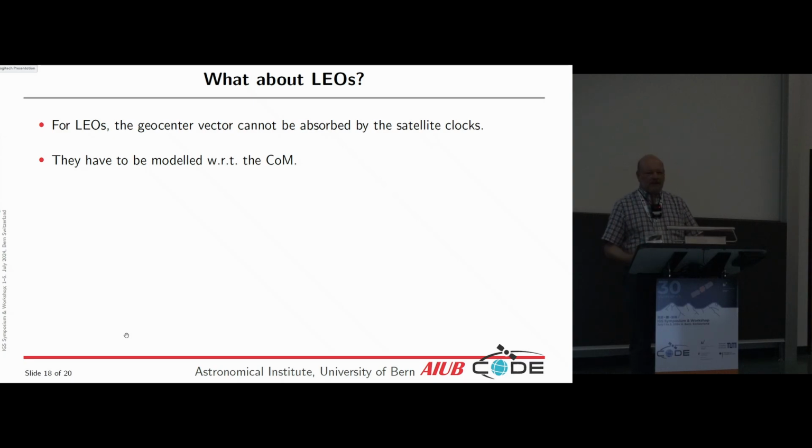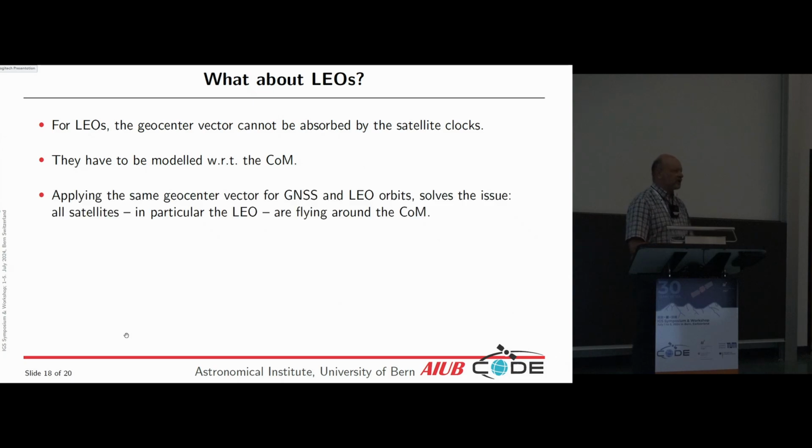Why do this when you have anyhow only the issue with LEOs? Because for the GNSS satellites you can more or less do whatever you want. With LEOs we have the issue that we can really estimate the satellite clock because the entire horizon is covered with observations. There we cannot cheat.